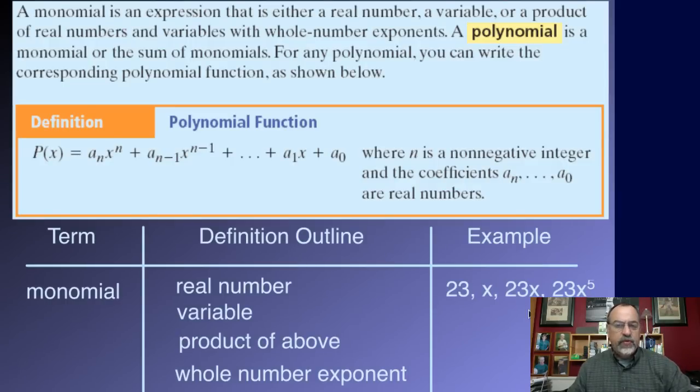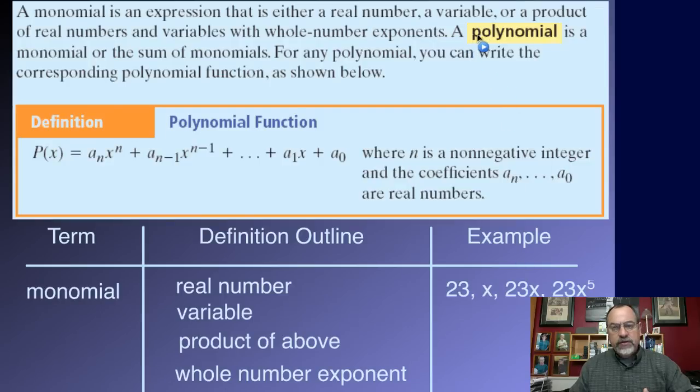So x to the fifth would be a monomial. 23x to the fifth is a monomial. So a monomial really is any kind of term that we've worked with in the past. These are nothing new. We've been using these for quite some time now. So really we're just putting a fancy name to it, the name monomial. Mono comes from the word meaning one. So this is a one-term nomial, so to speak. So that's what a monomial is.